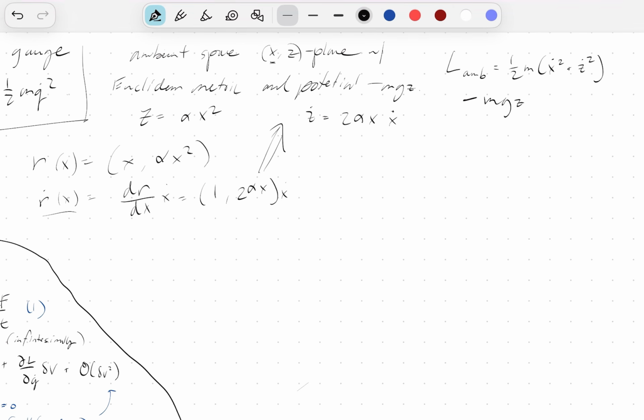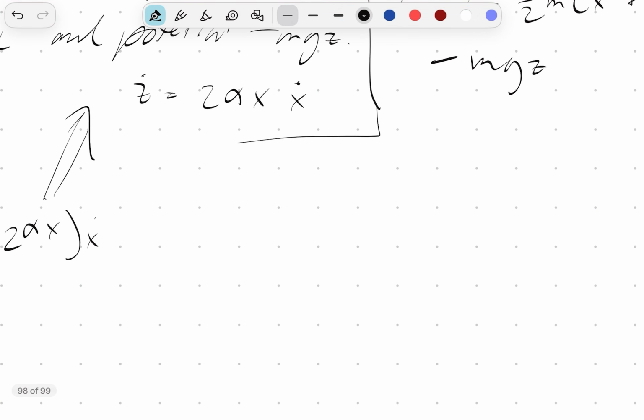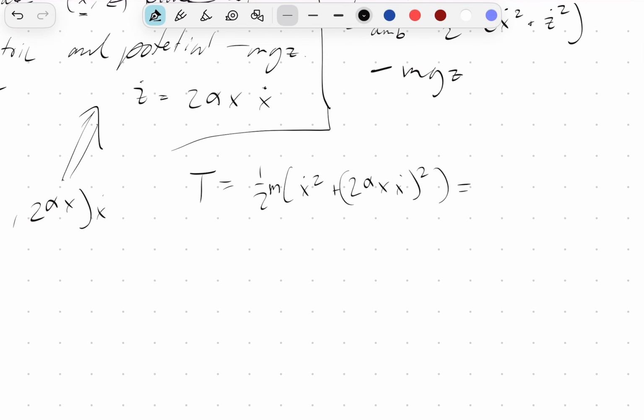Alright, so now that we've done that, we have expressions for z, and with those expressions, let's just work with the kinetic energy term for now, which should be 1/2 m times x dot squared plus 2 alpha x dot squared, and that should be equivalent to some 1 plus 4 alpha squared x squared.